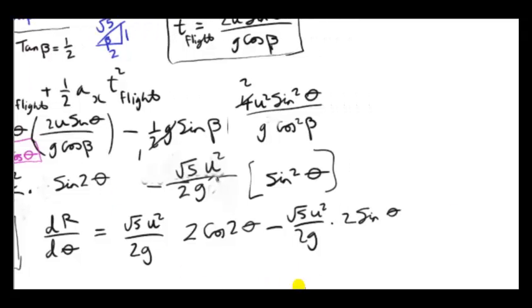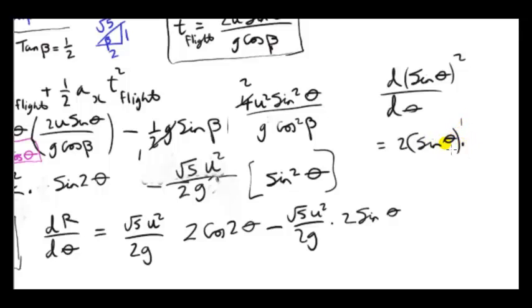So it's like we're differentiating with respect to theta sine theta squared. We're just using the chain rule. So we differentiate around the brackets, if you like, and multiply by the derivative of what's inside. So the derivative of sine is cos.